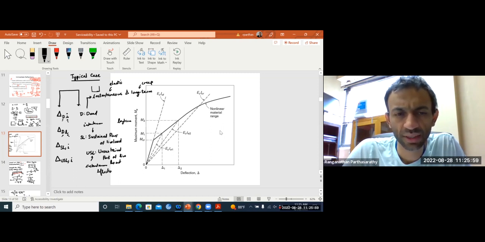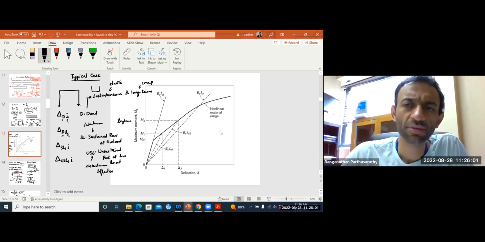Okay, so we understand how the different types of load will cause different types of deflection. This is going to influence how we calculate our total deflection and which total deflection is important.